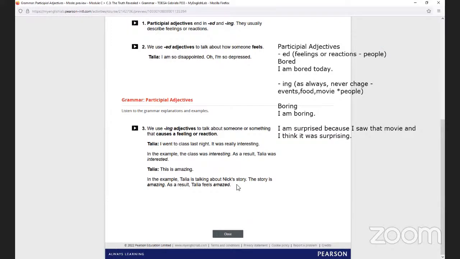So now we're going to go to the exercises. We have these two last ones.